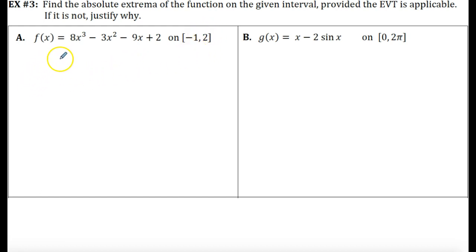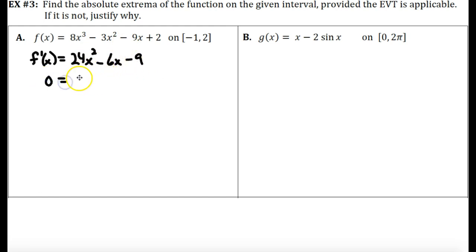I also want to see what values make my derivative equal to 0. So I need to find my derivative. f prime of x will be 24x squared minus 6x minus 9. So what I want to do is set this equal to 0 and solve.